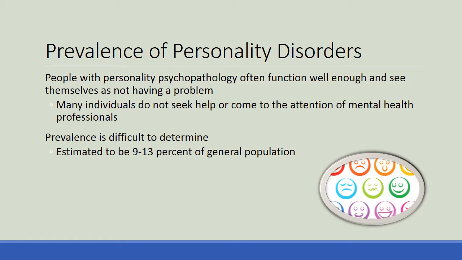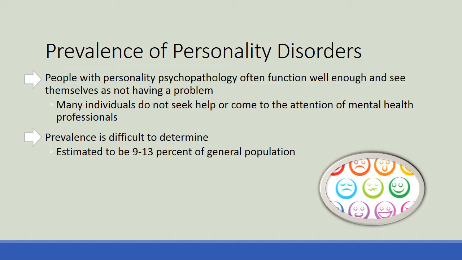The prevalence of personality disorders is not entirely clear, and there are a couple of reasons for that. People with personality psychopathology often function well enough and see themselves as not having a problem. Many individuals do not seek help or come to the attention of mental health professionals. Prevalence is difficult to determine, but has been estimated by the text to be 9 to 13% of the general population.